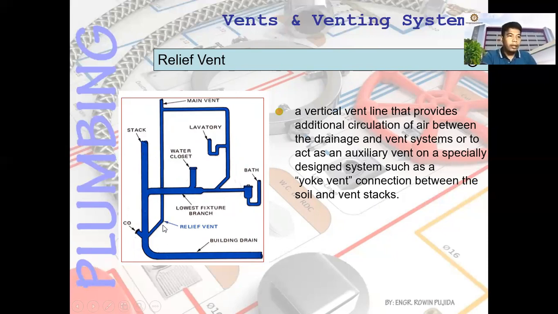So the relief vent is this one, connected. So you have the individual vent, and then this is the main vent. The connection to that is the relief vent. Okay. The connection of the stack, since the waste passes through the stack, this one. Then you have your main vent, this one. And then to circulate the air, you have your relief vent. Okay.